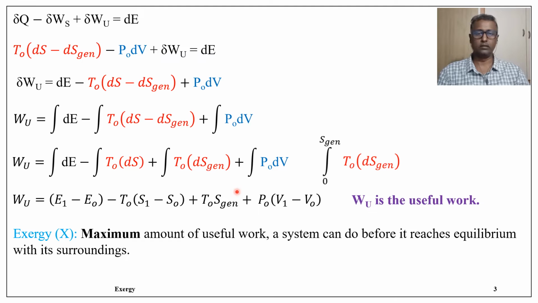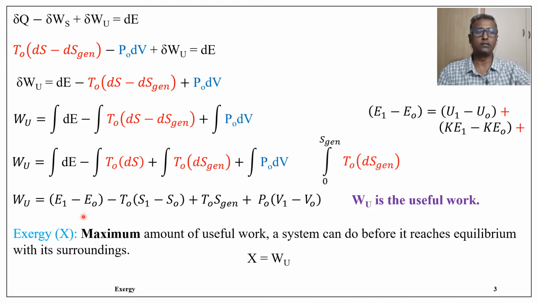Denoted by the symbol X. Exergy X is equal to W suffix U. And look at this equation. What is this E1 minus E0? It is the summation of change in internal energy, change in kinetic energy, change in potential energy.